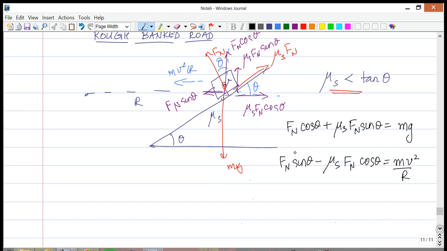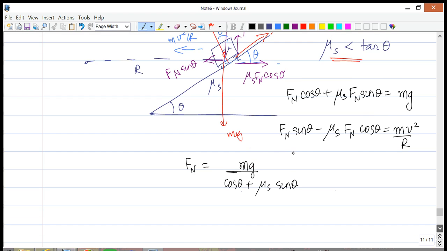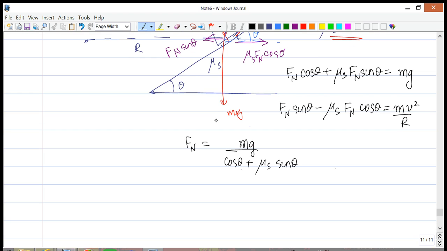So this is the minimum speed possible. The first equation gives us Fn equals mg over cosine theta plus mu s sine theta. I factor the Fn out, and then divide both sides by whatever is left.